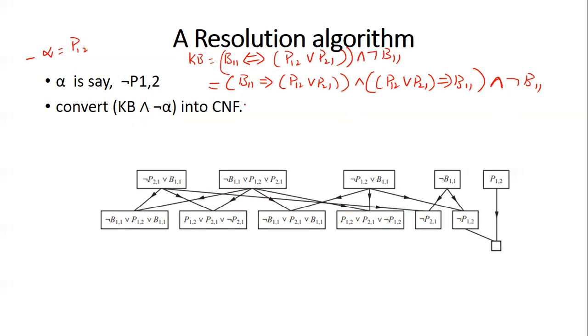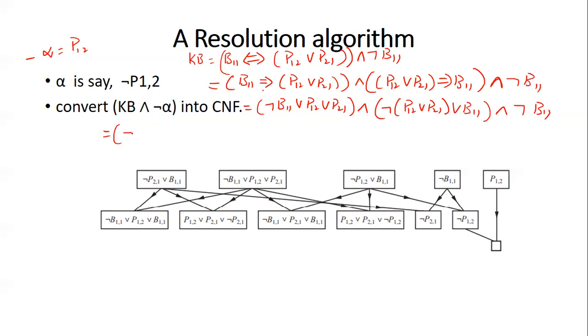So now for this part, again implication should be removed. When you remove implication, it becomes not B11 or P12 or P21. And when you remove implication here, it becomes not P12 or P21, or B11, and not B11.